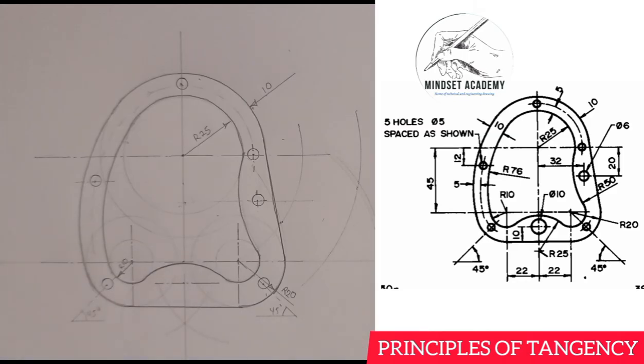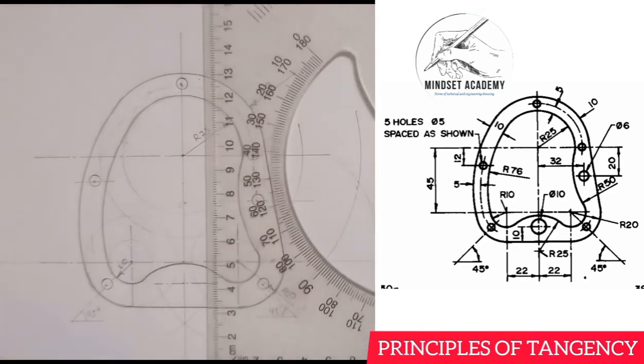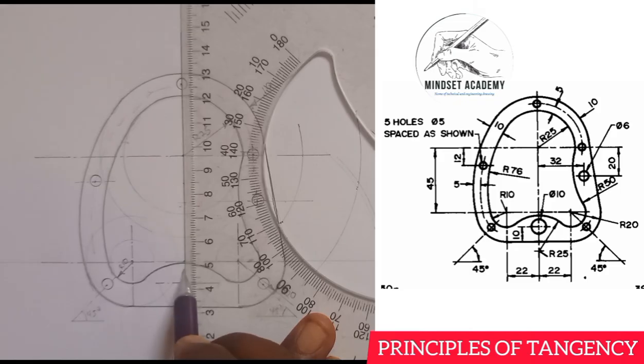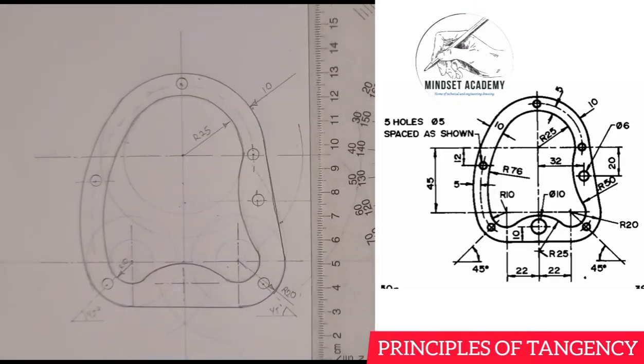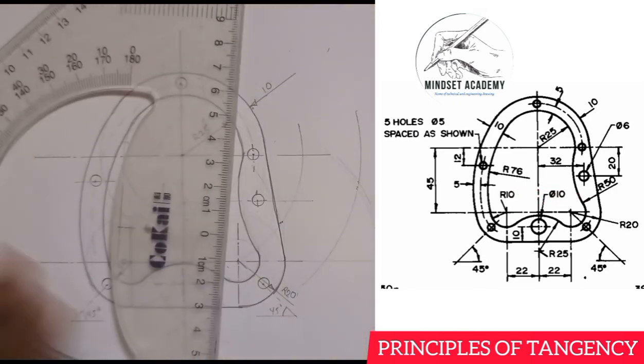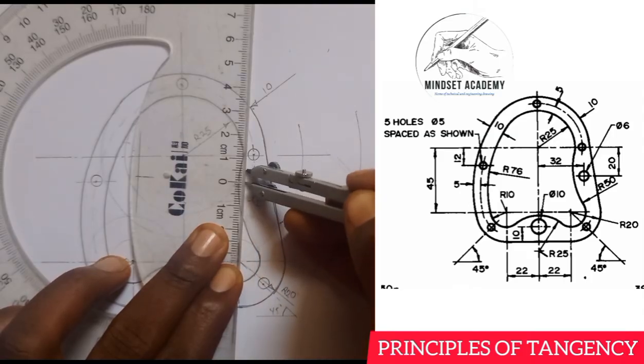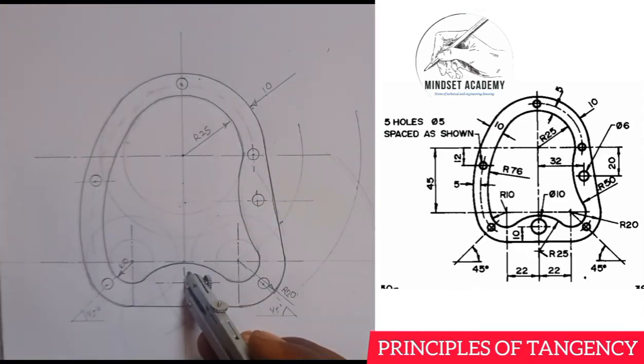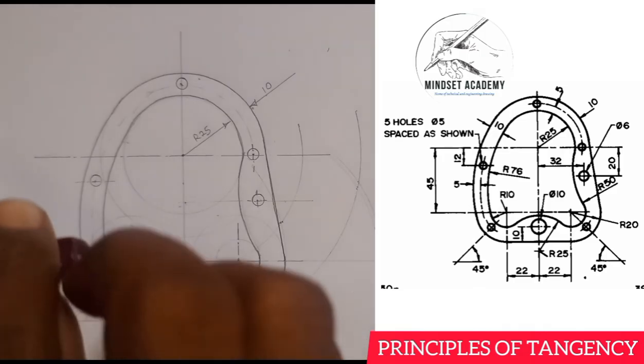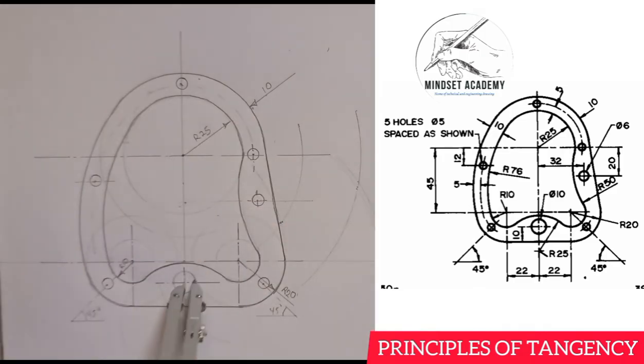Then also the vertical one here. Long, short, long, short, long. So if I measure radius of 5 on the meter rule this way, 0 to 5, you can just come to the center here and draw. Hope you can see that.